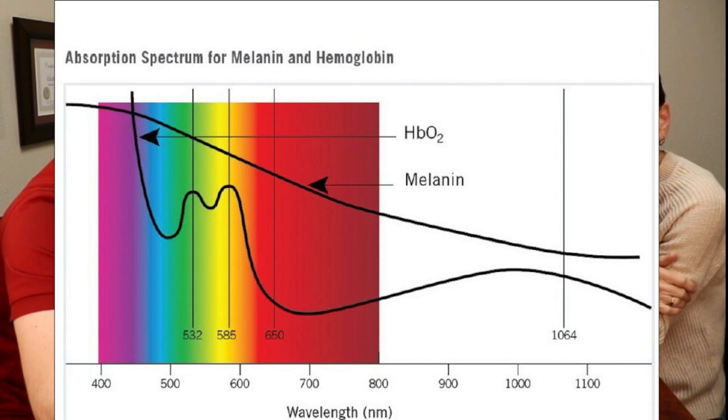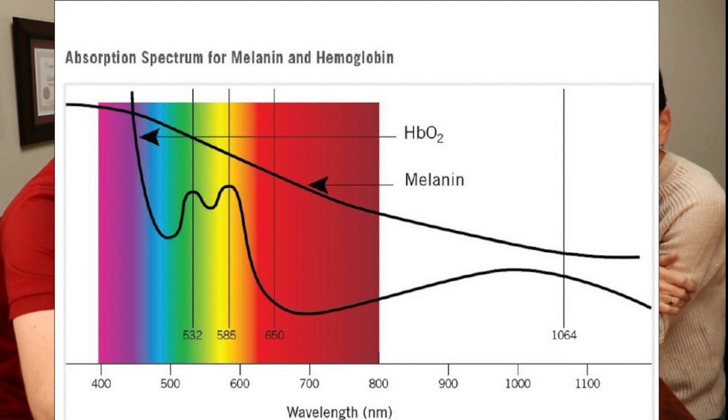But it continues downward all the way through 1100. So you overlay those two graphs on each other and you see there's less absorption in the melanin and the water at 1064 than there would be at, say, 600, which would be a visible red-orange.